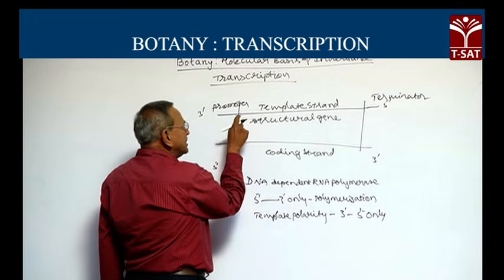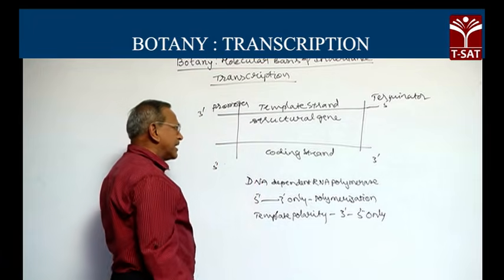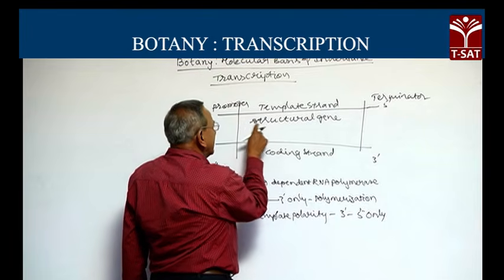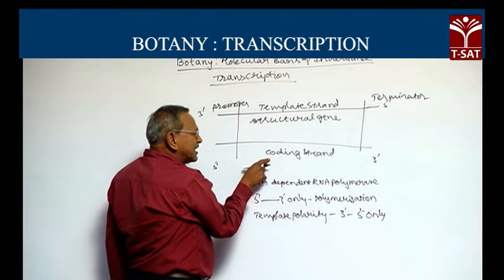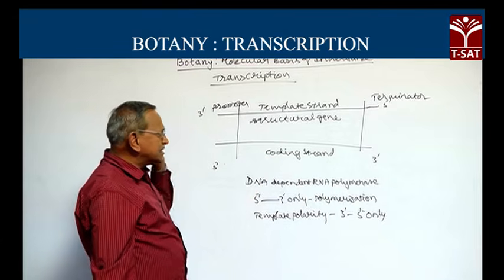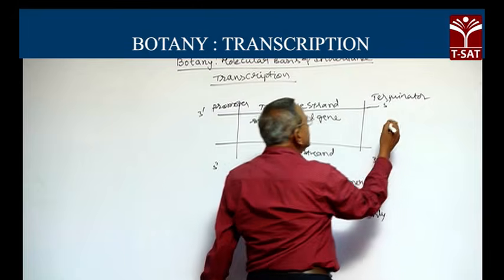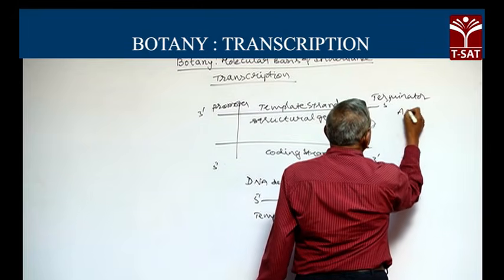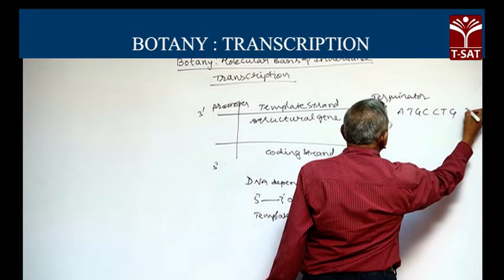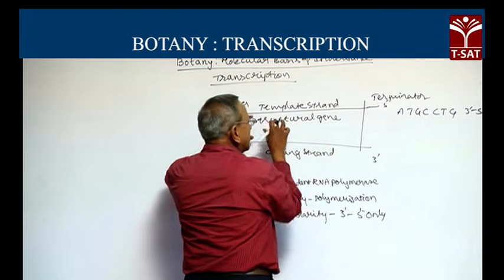This is actually copied in a complementary manner, and so whatever RNA is produced is similar to the coding strand. Let me draw a few nucleotides here. A, T, G, C, C, T, G. This is what is in the 3' to 5' strand, a small portion.